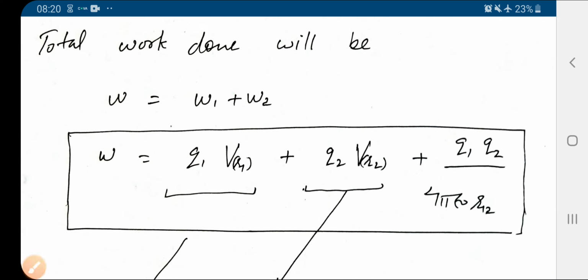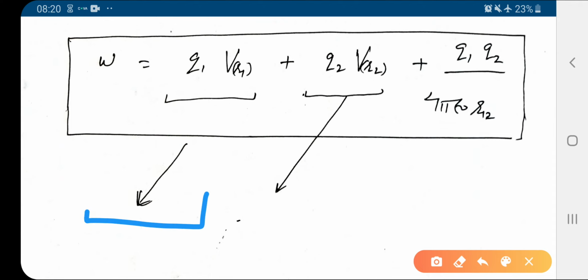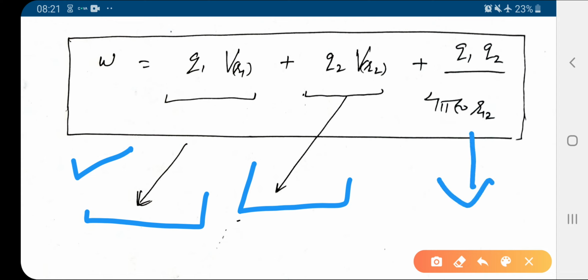Similarly, you can find it for 3-point charges. So simply, as I want to mention here, this term is the work done on Q1 because of the presence of the external electric field, and similarly this is also for the second charge due to the presence of the electric field, and this work done is the work done for Q2 due to the potential of charge Q1.